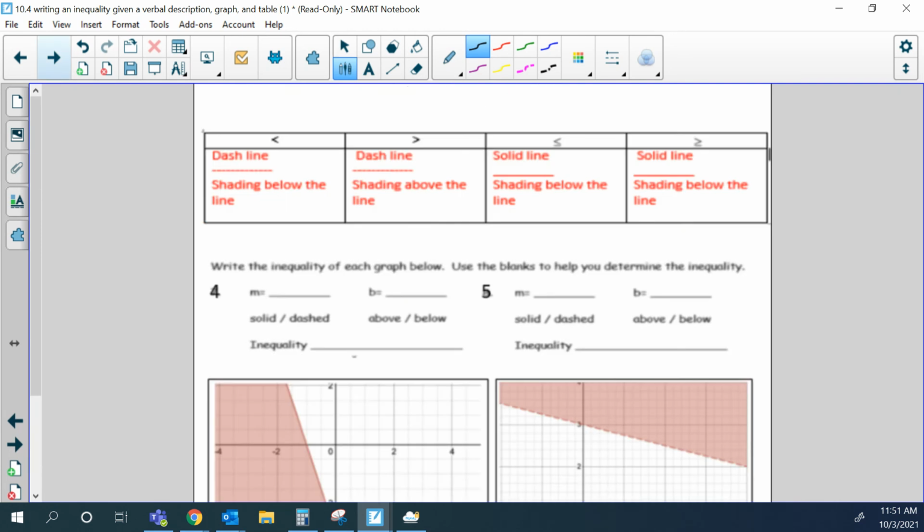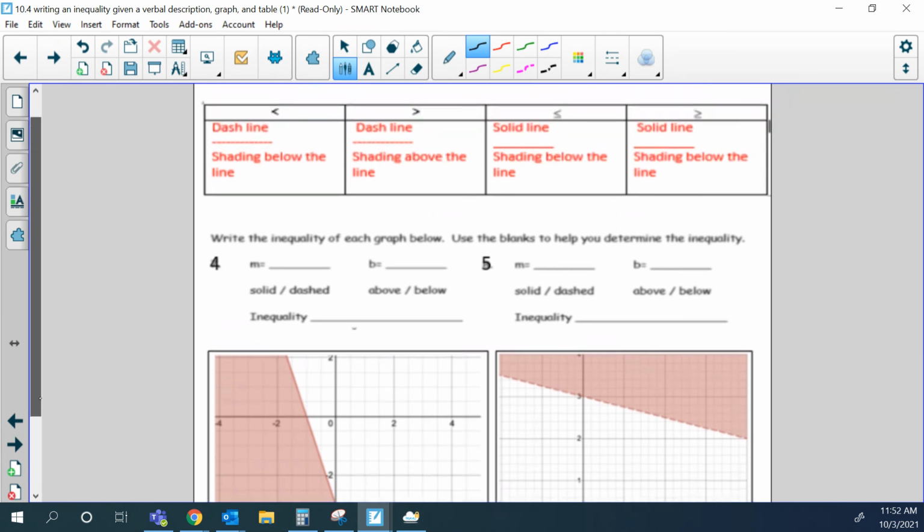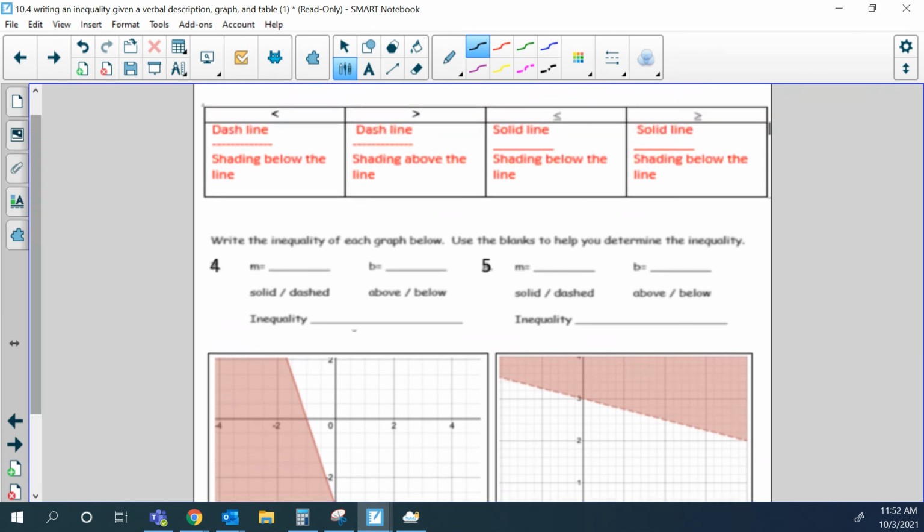Now we're given graphs and asked to write the inequality. Quick review: for these graphs, you're going to have dashed lines and solid lines. For less than, the line is dashed and you shade below the line.